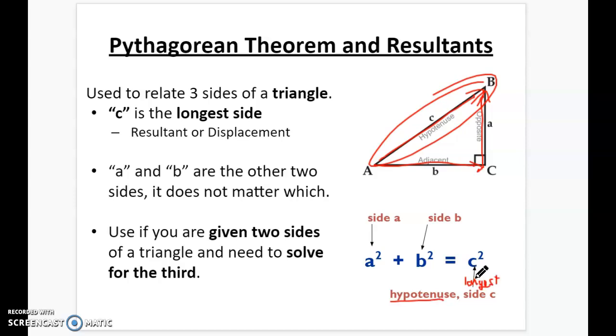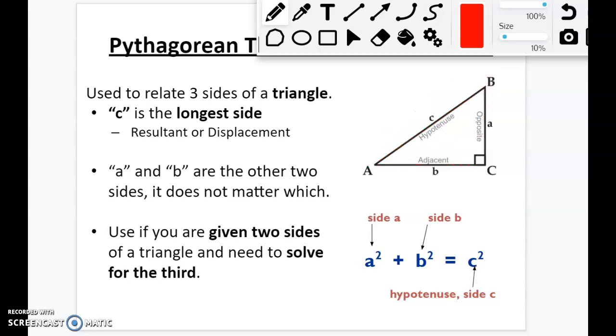This is also referred to as the hypotenuse. But you're going to use Pythagorean theorem if you're given two sides of a triangle and you need to solve for the third.